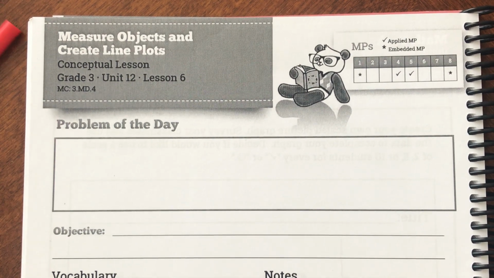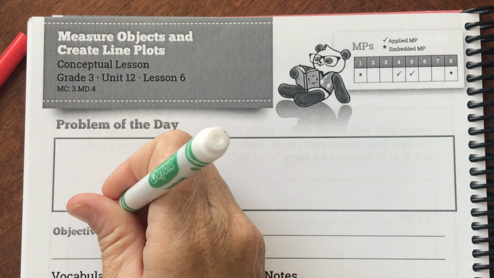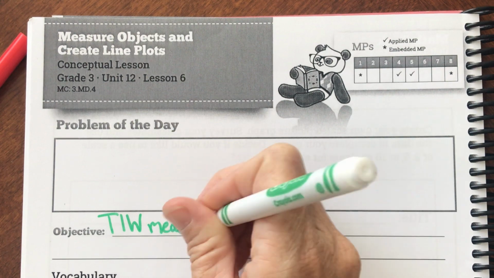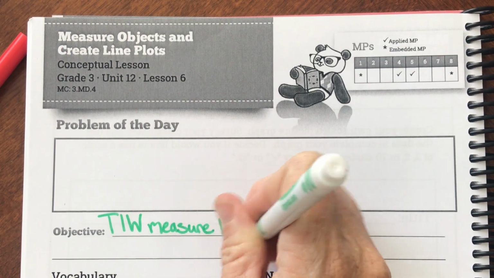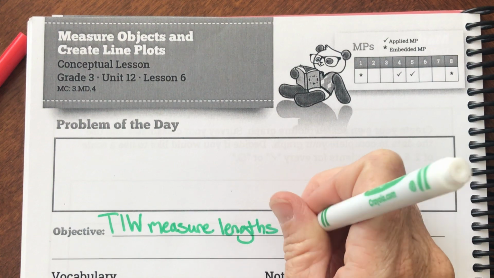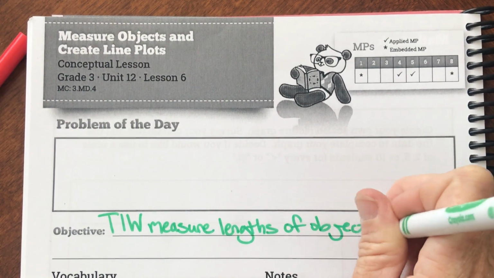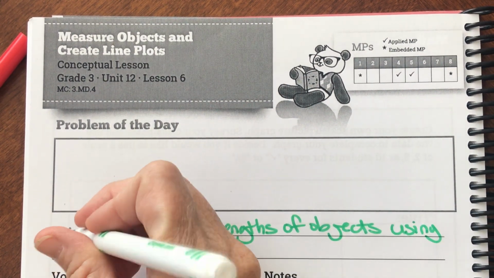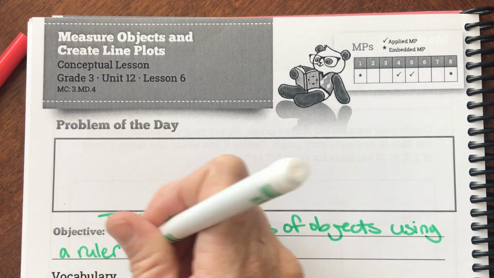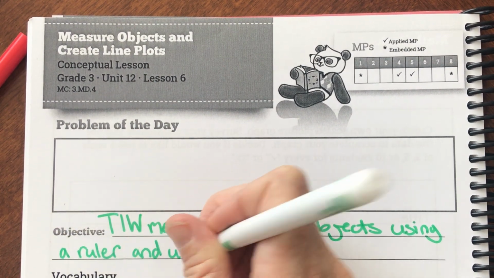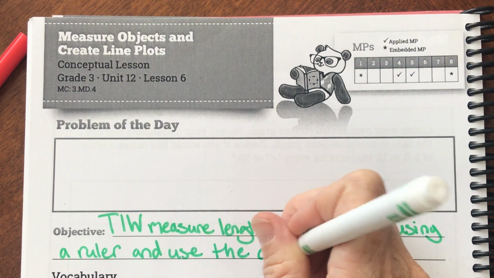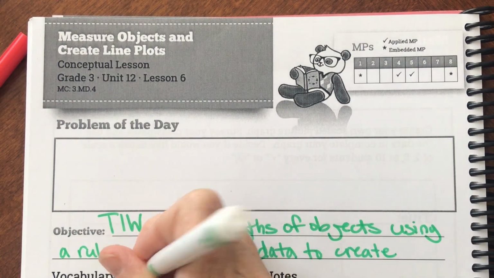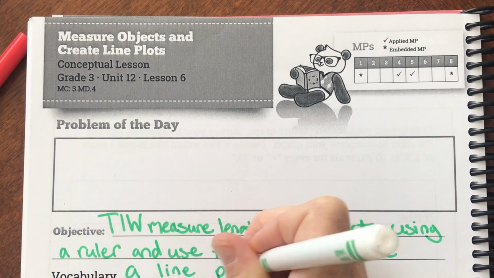Our objective, or our goal today, is: today I will measure lengths of objects using a ruler and use the data to create a line plot.